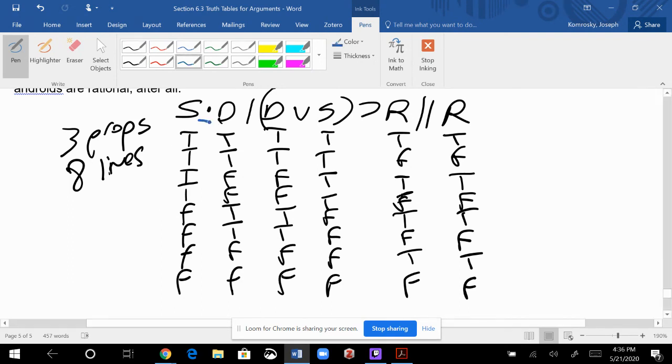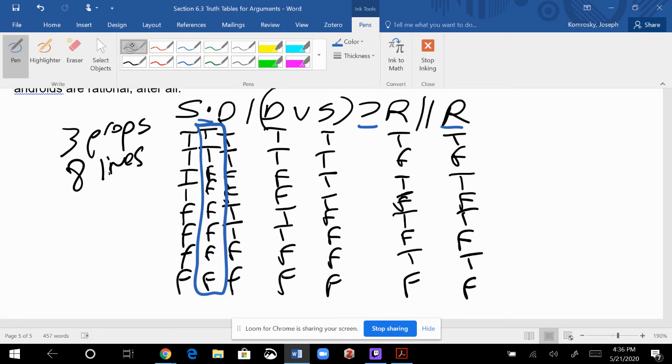So let's do this. What's our main operator for that premise? For this premise, and then this one's just itself the proposition. So we'll start plugging away. Both sides have to be true for the whole thing to be true. So that one's done. And on this second one, at least one side has to be true.